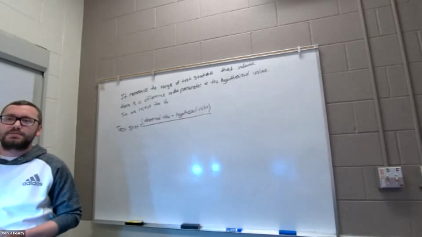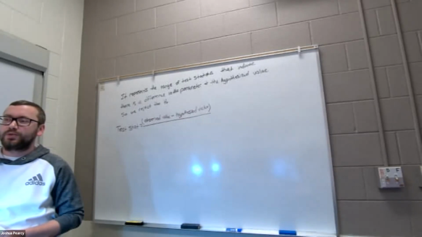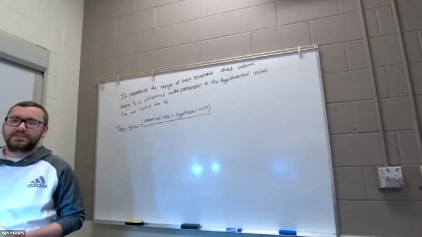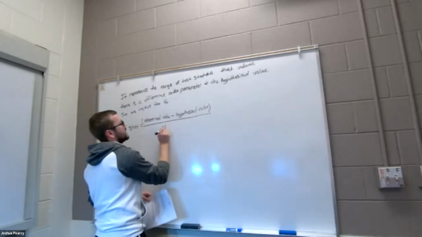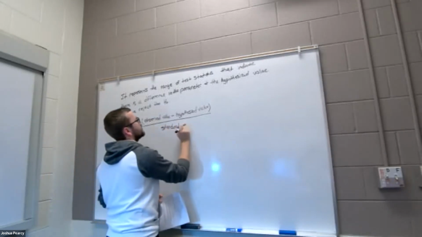X bar minus mu divided by sigma over the square root of n, right? And sigma over the square root of n was what? What do we call it? We actually talked about it in chapter 7 too. Then divide by the standard error of the estimate. The standard error.